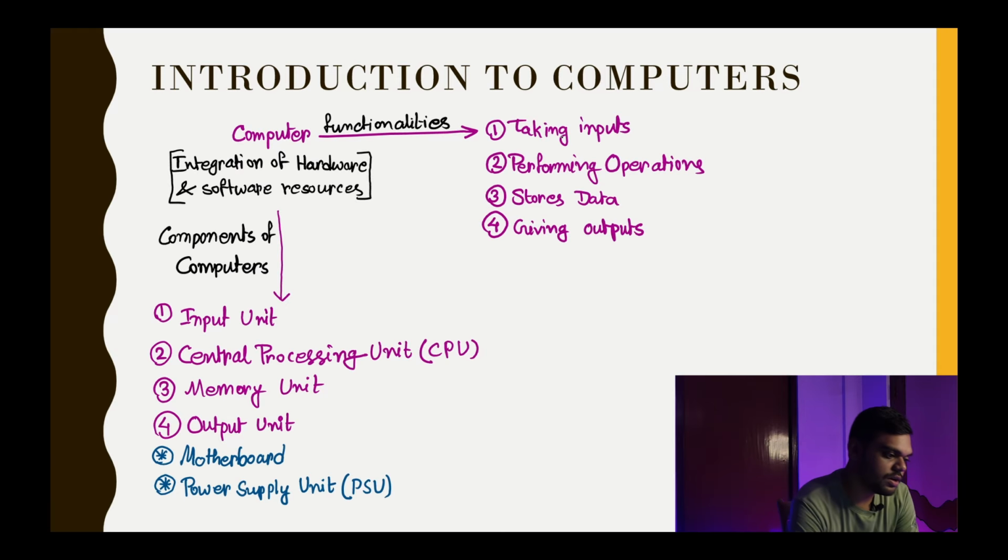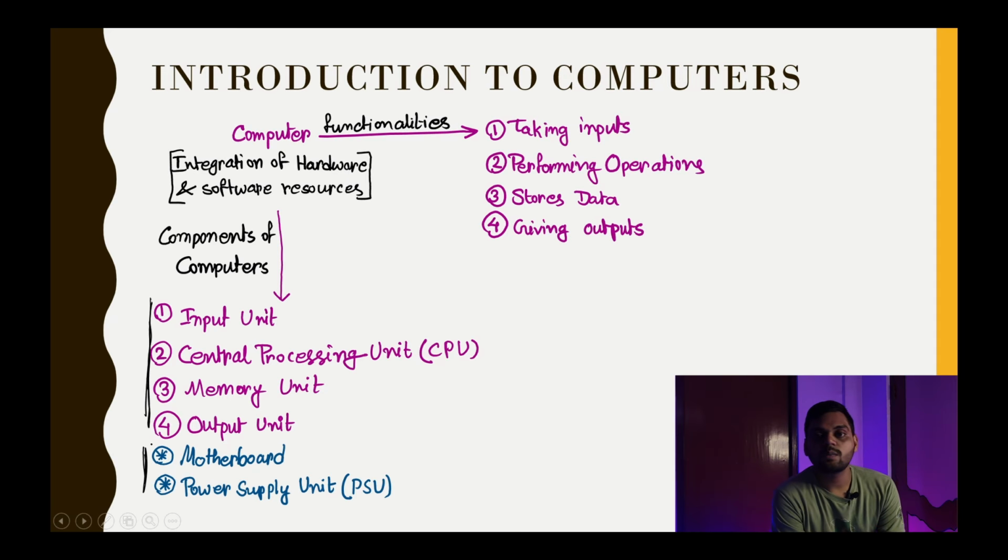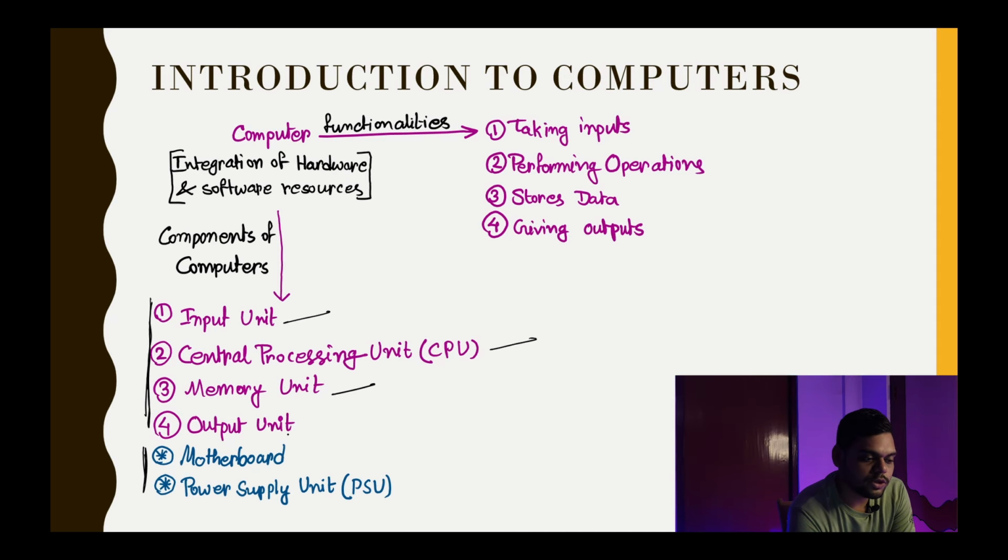Now let's look at the components of a computer. A computer has four main components and two minor components. The main four are the input unit, processing unit, memory unit, and output unit, named by analogy with the four functionalities.